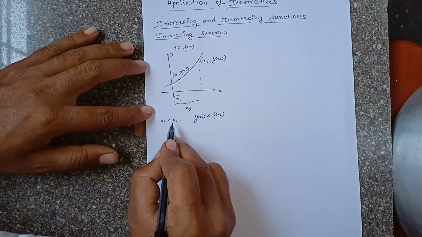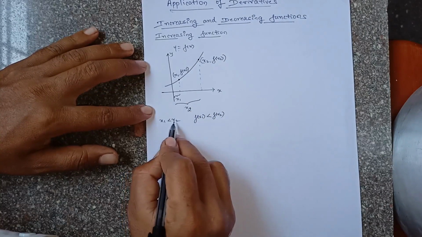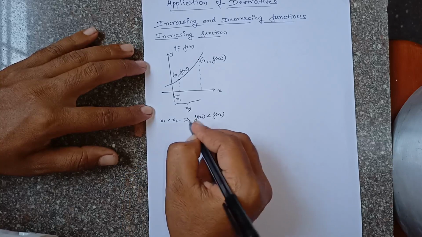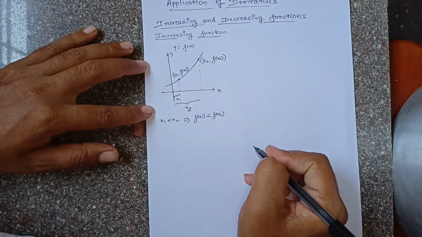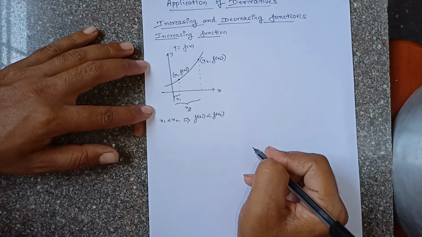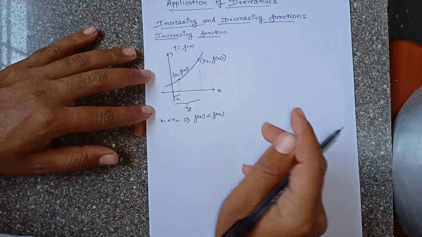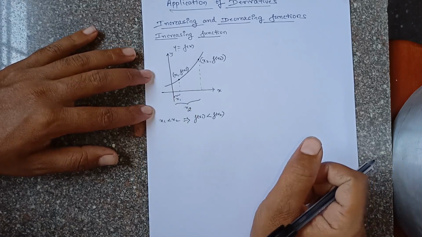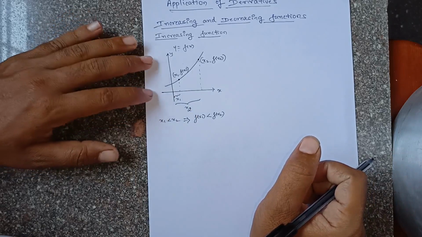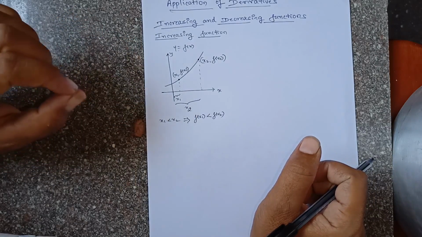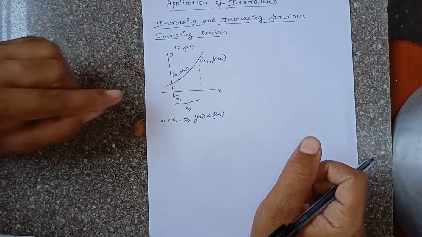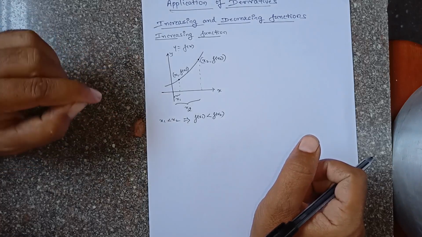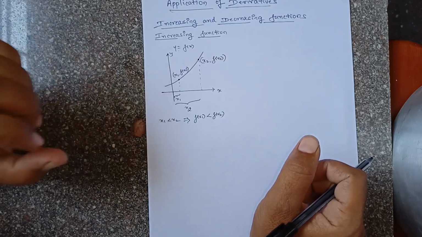Means for 2 points such that x1 is less than x2, suppose it implies f of x1 is less than f of x2, we say it is an increasing function. And also again in this case we say it as a strictly increasing function. Strictly increasing function means and what is an increasing function? What is the difference? I will tell you later.